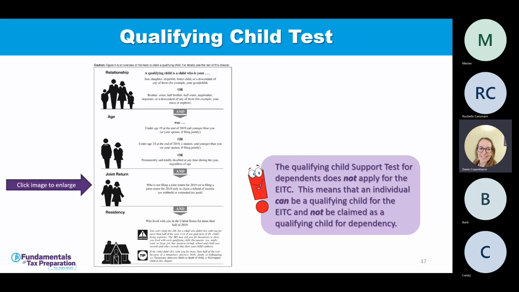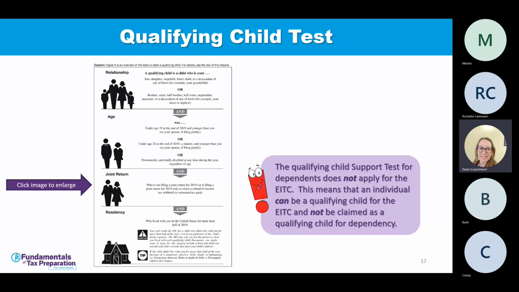Okay, so qualifying child test. Remember, there has to be a relationship, the age of the child. So the child has to be under age 19 or under age 24 if still a student. Or if they're over age 24, they must be permanently and totally disabled.